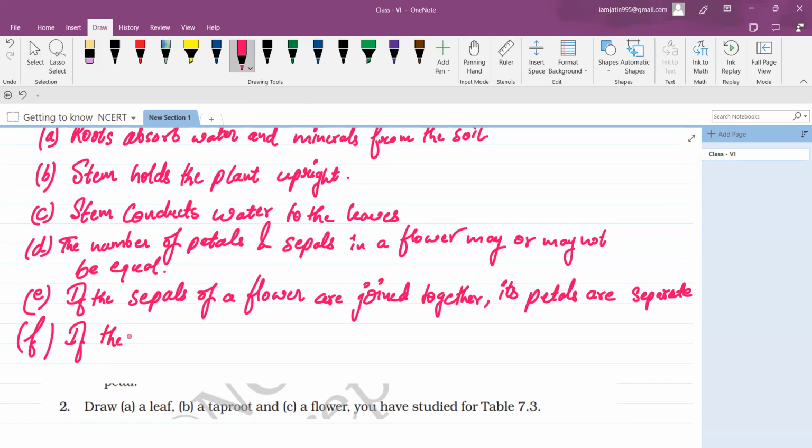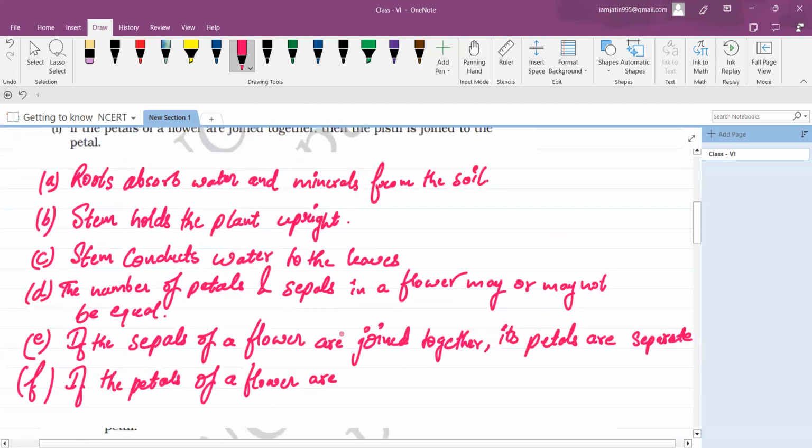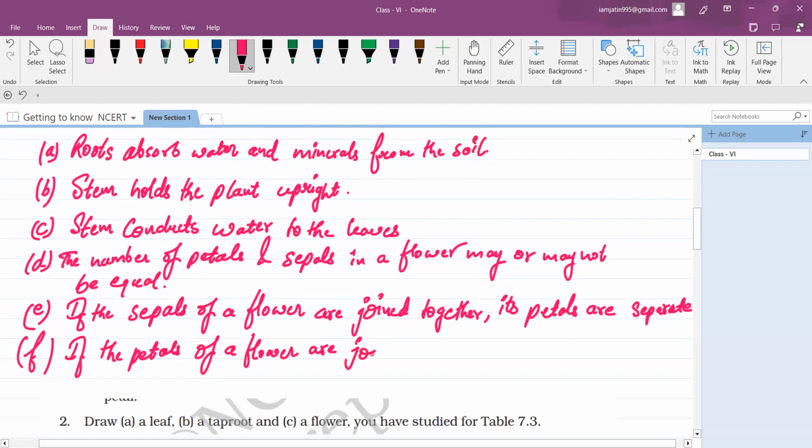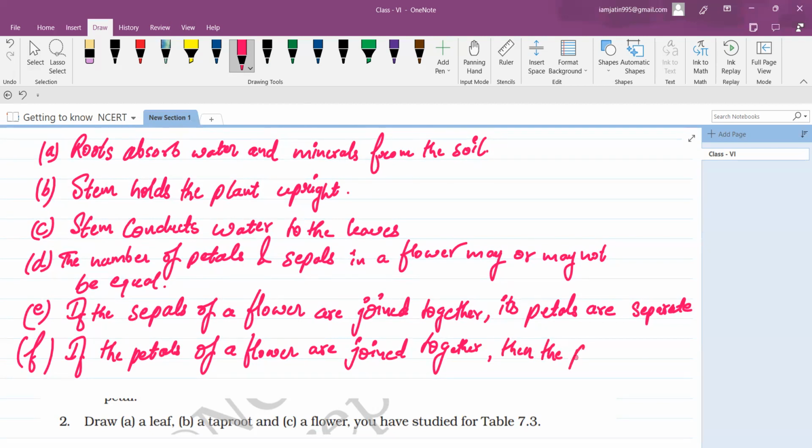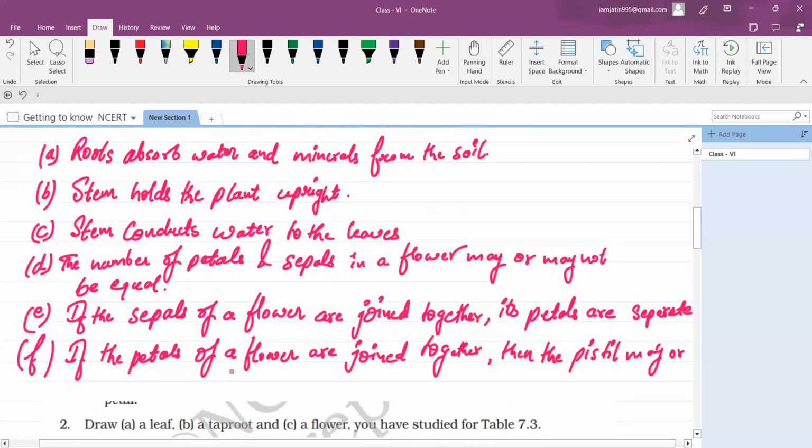If the petals of a flower are joined together, then the pistil may or may not be joined to the petals.